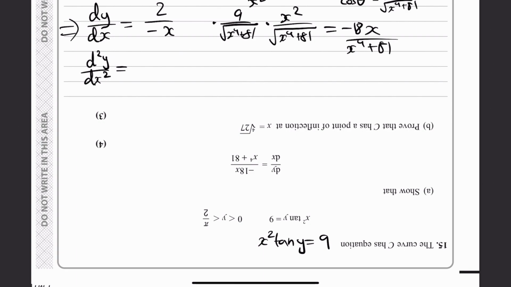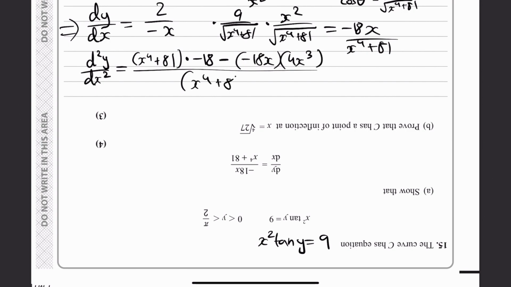So v du, we'll have x to the 4 plus 81 minus 18, minus u dv, minus 18x multiplied by dv, so 4x cubed, over this v squared.